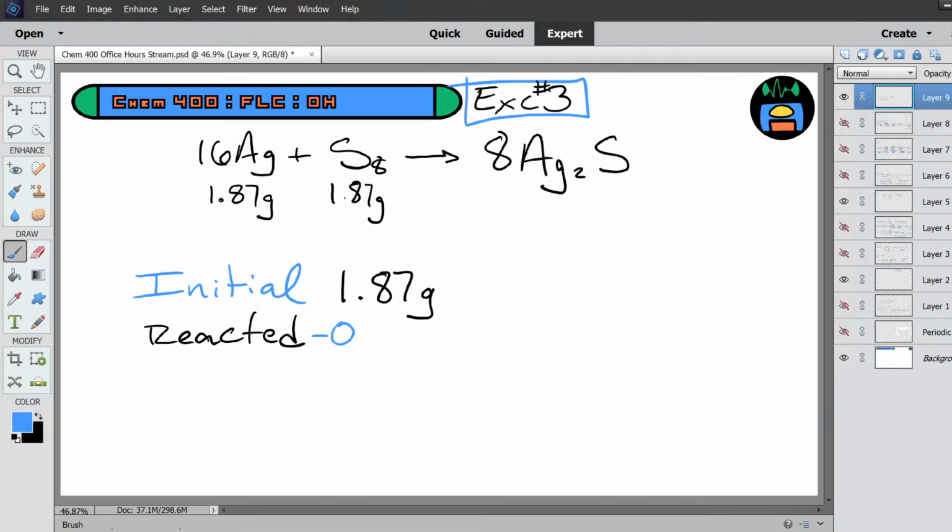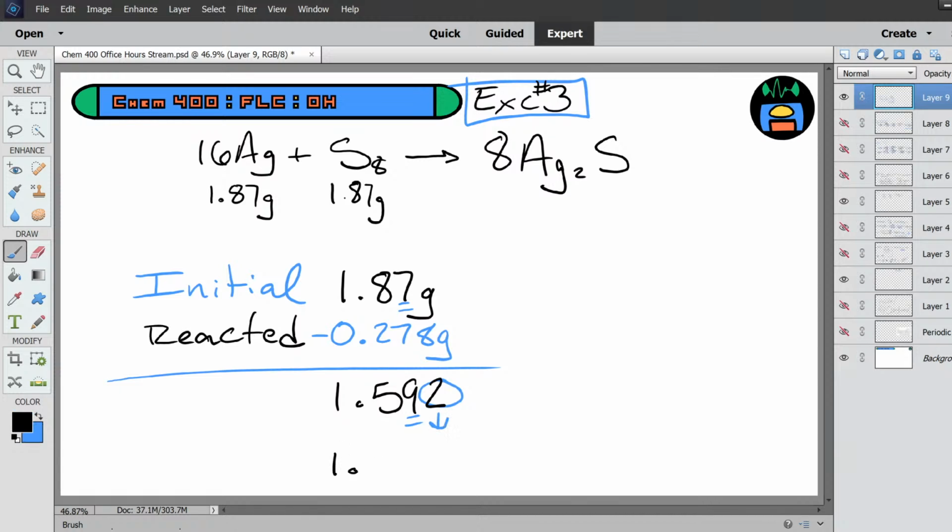So this is going to be minus 0.278 grams, and the difference here will be the amount in excess. So 1.87 minus 0.278. My calculator is telling me the answer is 1.592. However, sig figs wise, I've got to round to the hundredths place and 2 rounds down. So my final answer would be 1.59 grams of S8 are in excess.